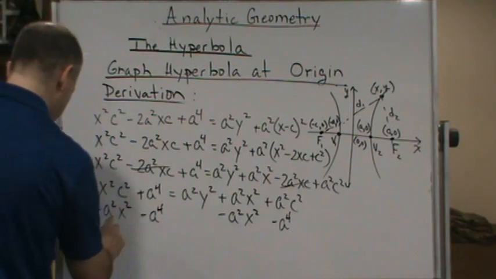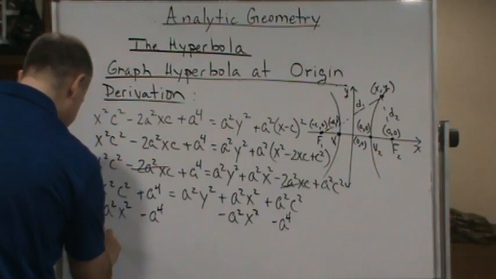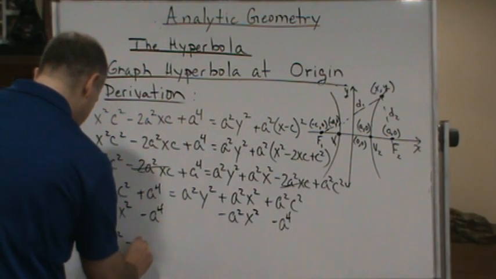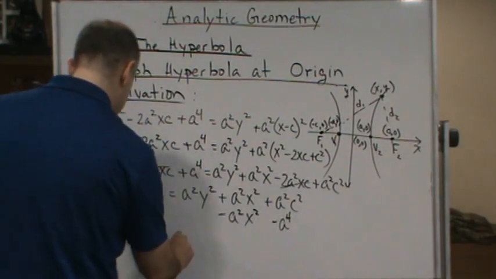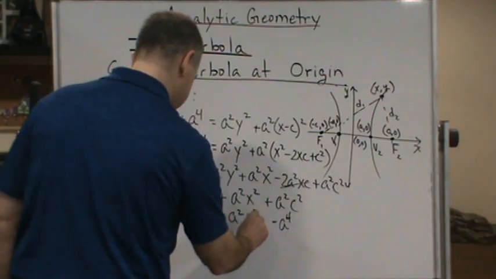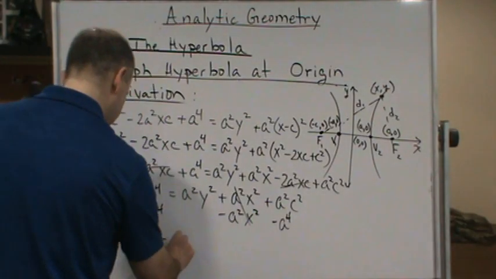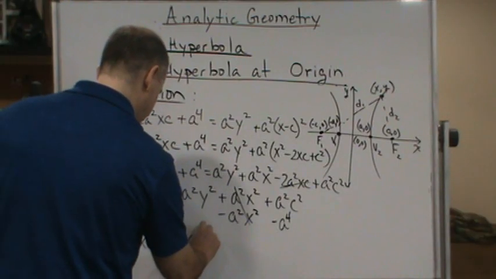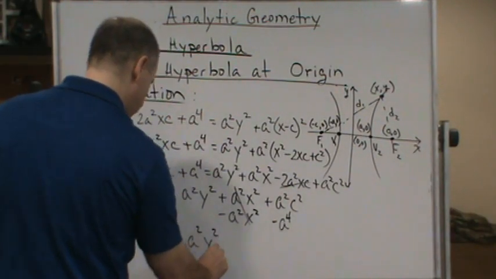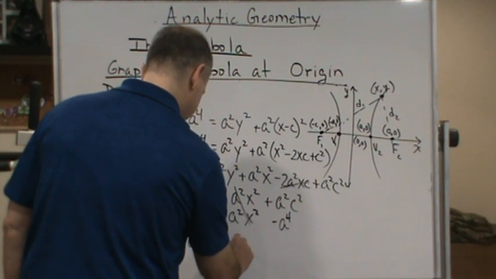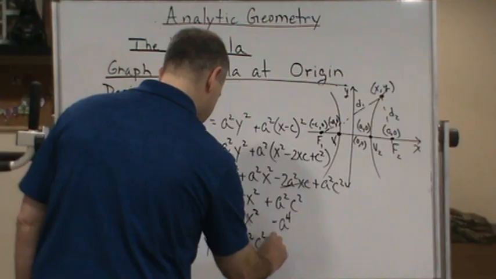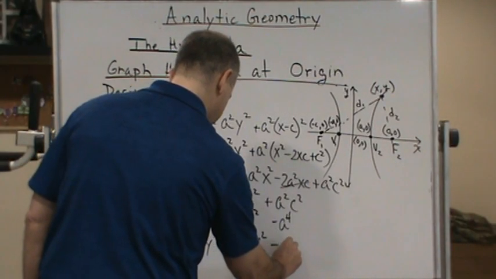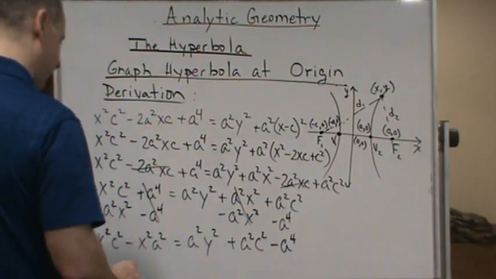So then here, I'll get x squared c squared minus x squared a squared. So these will cancel here and here. And then that's going to equal a squared y squared plus a squared c squared minus a to the fourth.